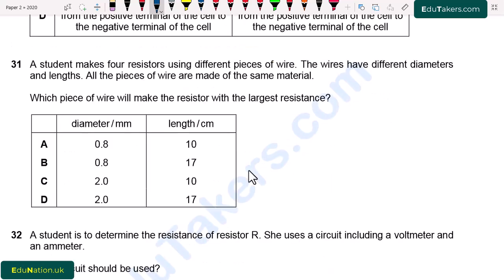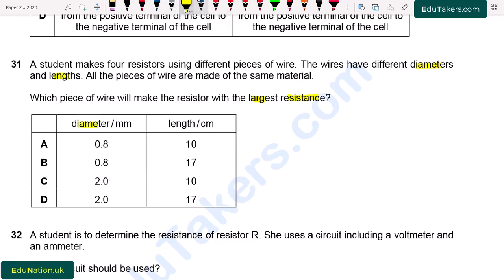Question number 31. A student makes 4 resistors using different pieces of wire. The wires have different diameters and lengths. All the pieces of the wire are made of the same material. Which piece of the wire will make the resistor with the largest resistance?